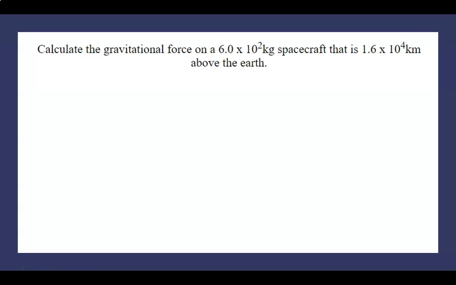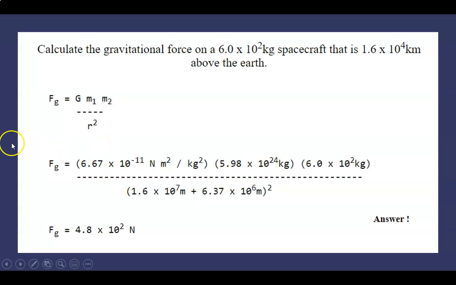So, if we were to calculate the gravitational force on a 600 kilogram spacecraft that is 1.6 times 10 to the 4 kilometers above the Earth, we're going to start off with our formula. We plug in the numbers here. G, we know. Mass of the Earth, we get that from our formula sheet. This was given in the problem.